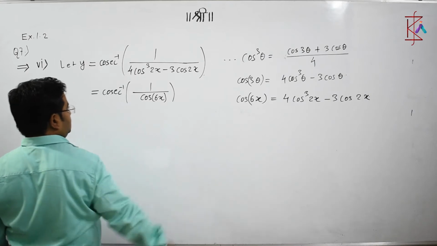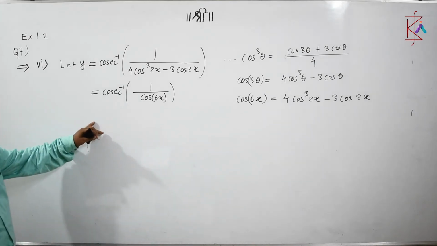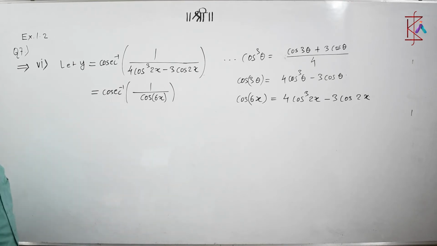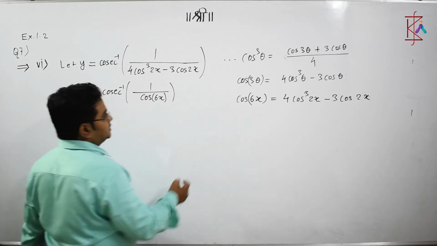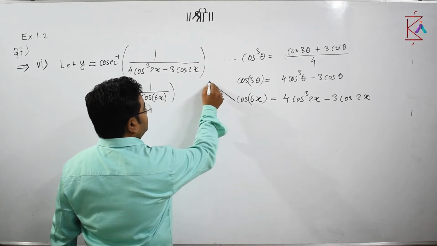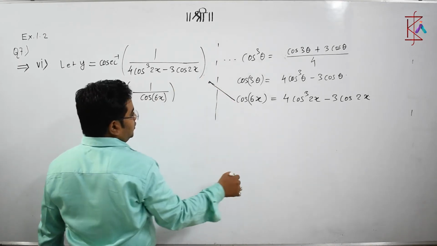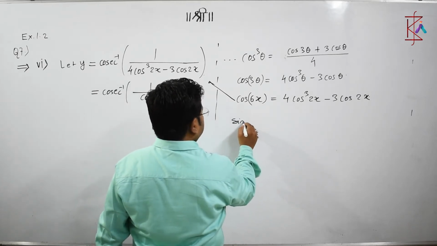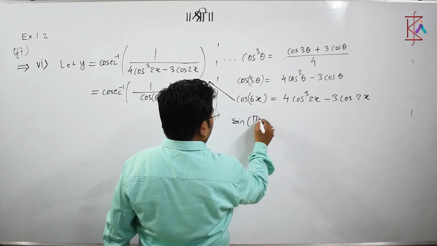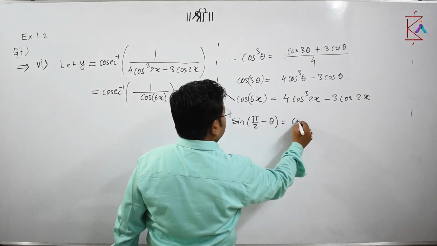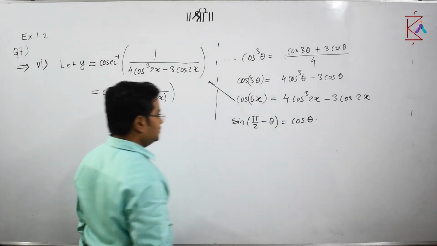Okay, now again, by question number two, we can apply another interesting parameter. So substituting this quantity within this case, we got this. Again, what we need to do? We need to have sine of pi by 2 minus theta is equal to cos theta.